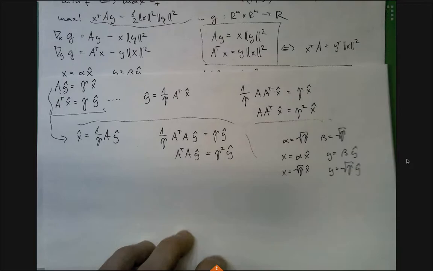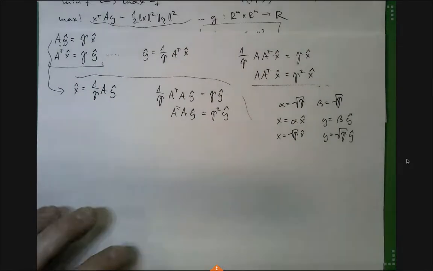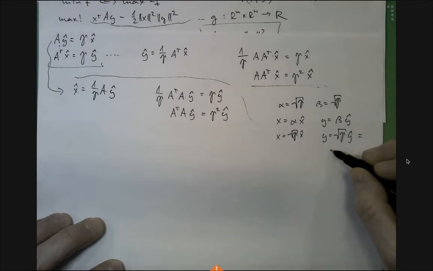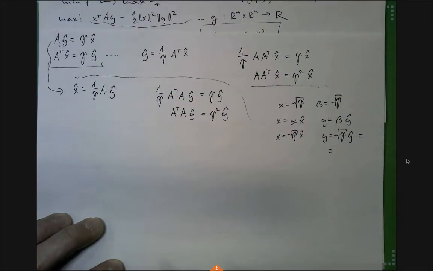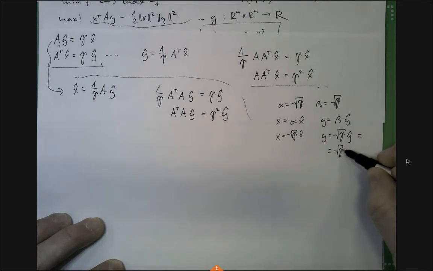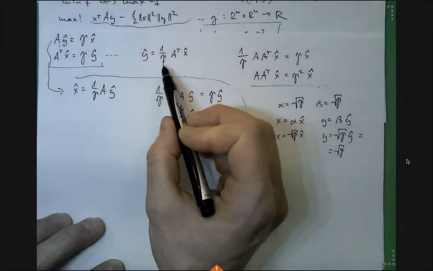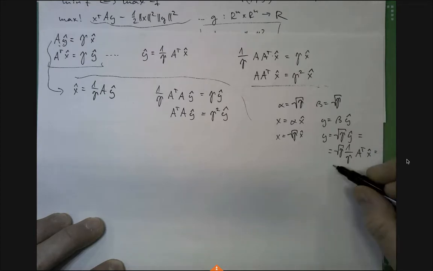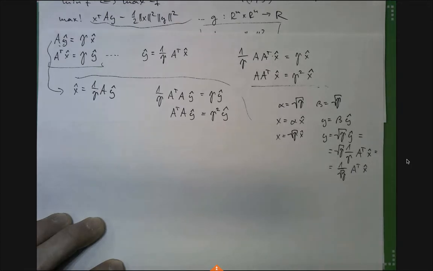By the way, if I'm computing it this way, then this y is the square root of gamma, and this y hat is just 1 over gamma A transpose x hat, which is nothing but 1 over square root of gamma A transpose x hat, because it's the square root of gamma times the square root.